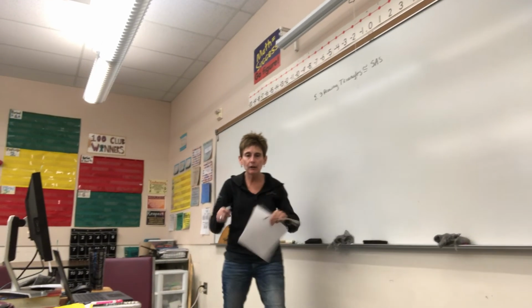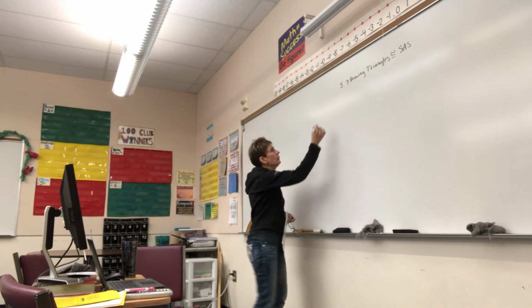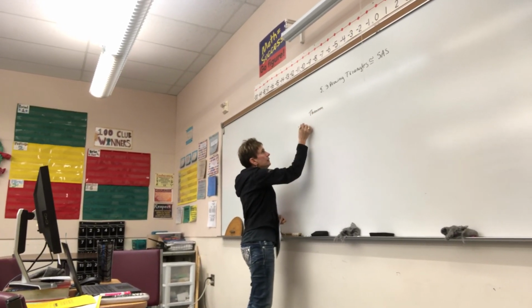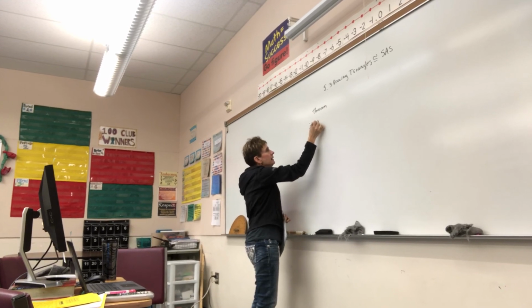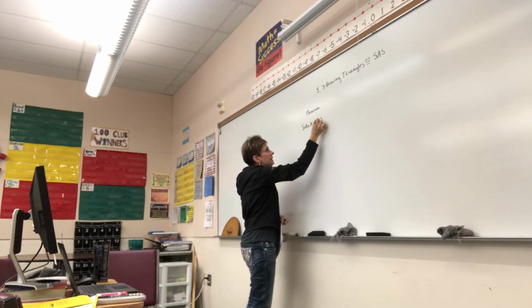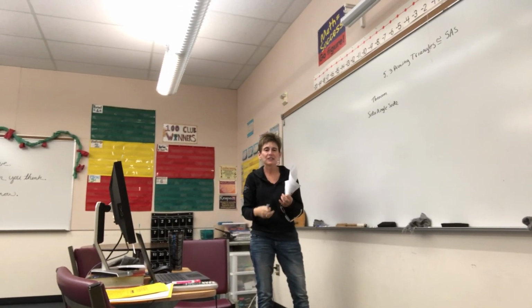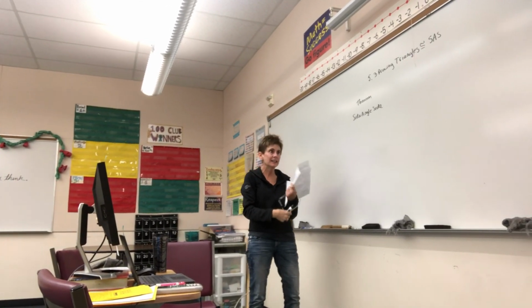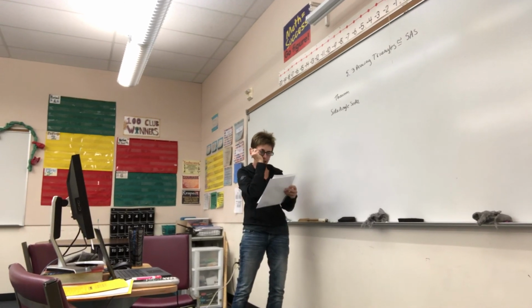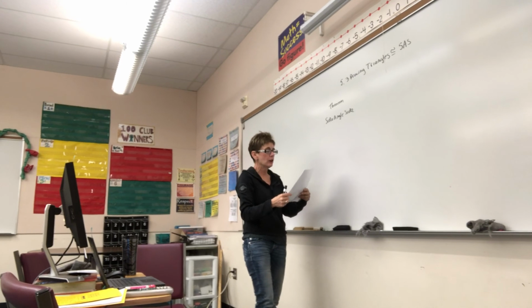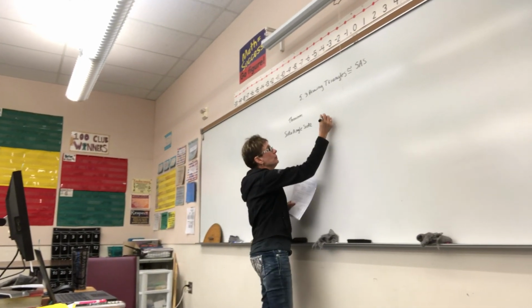So let's write down the word theorem, and then underneath it we're going to write side, angle, side. That is the name of the theorem. The thing I love about the proofs in Chapter 5 is they are exactly what they sound like. Side, angle, side. All right, so let's do a picture of what the side, angle, side theorem looks like.